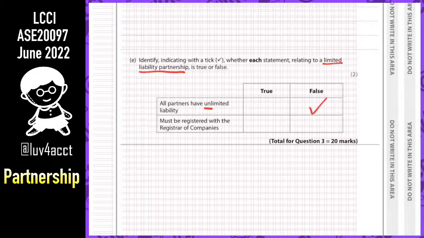So it is false. Must be registered with the Register of Companies. Yes, true, because if you enjoy limited liability, you have to register, as for all limited companies. Although it is a partnership, some partners are enjoying limited liability. That's why you should register.